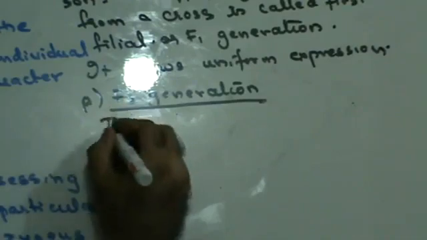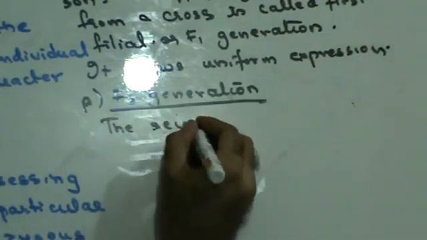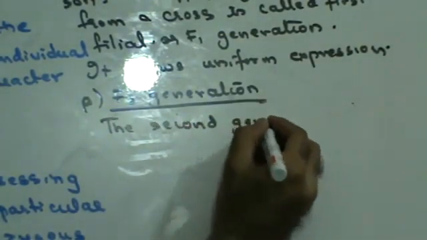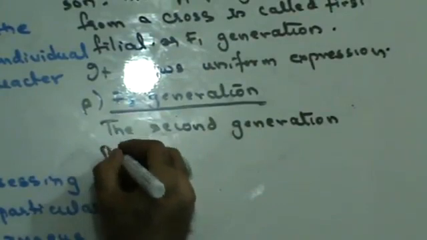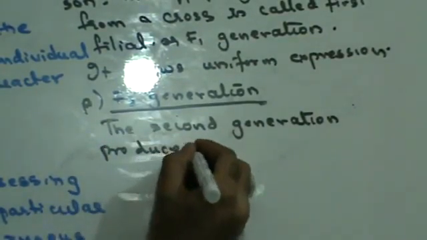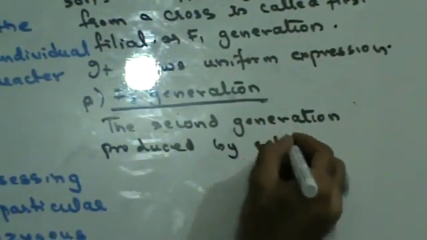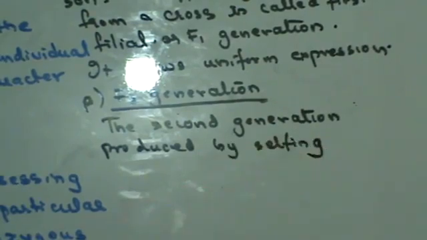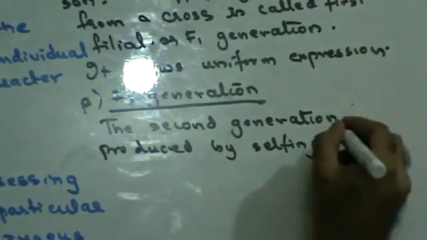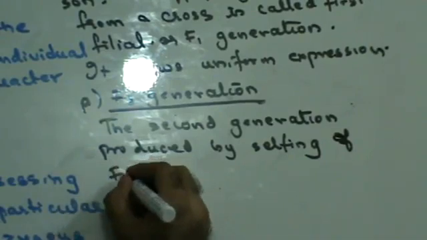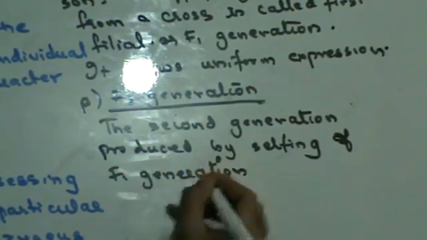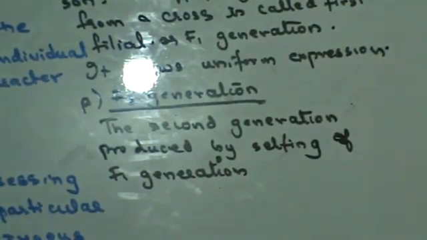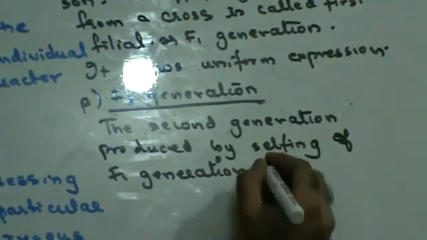The second generation produced by selfing of F1 generation offspring.